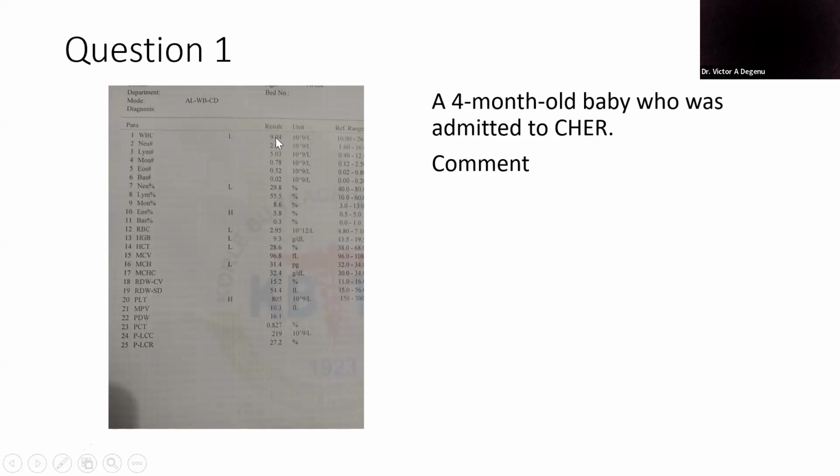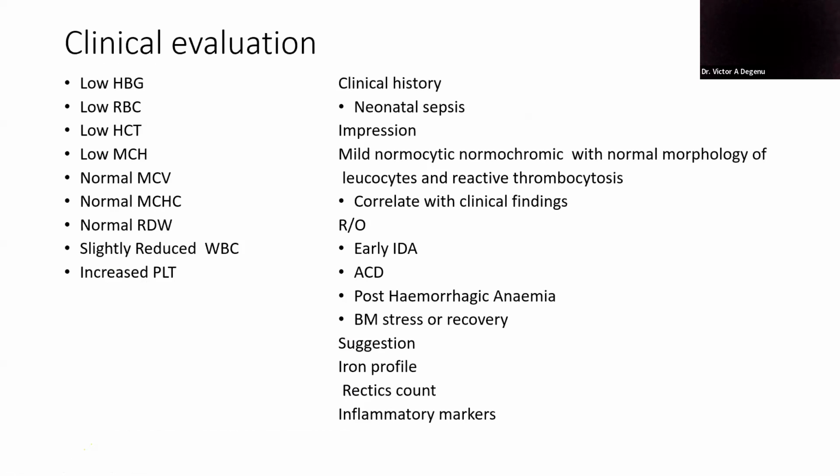So it's slightly reduced. So the assumption is that once there's no significant reduction or significant increase in the leukocyte, you may assume that it's normal morphology of leukocyte. So it's an assumption that we are doing. I hope you get it clear.